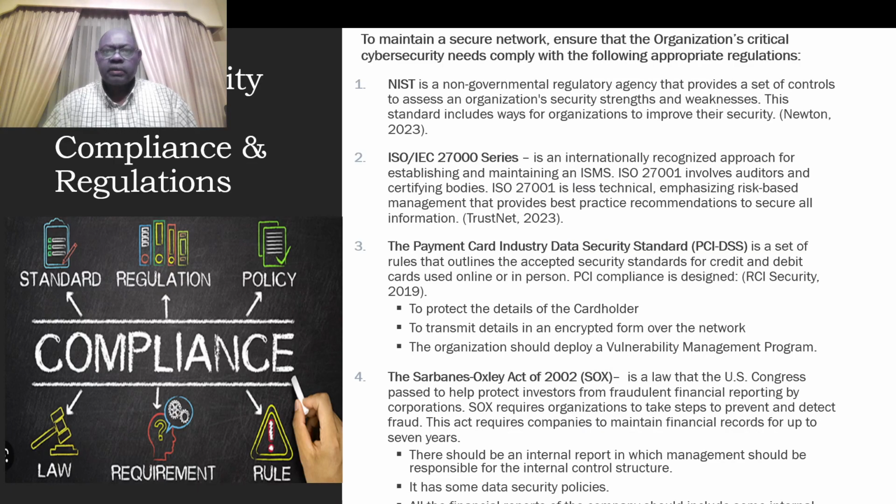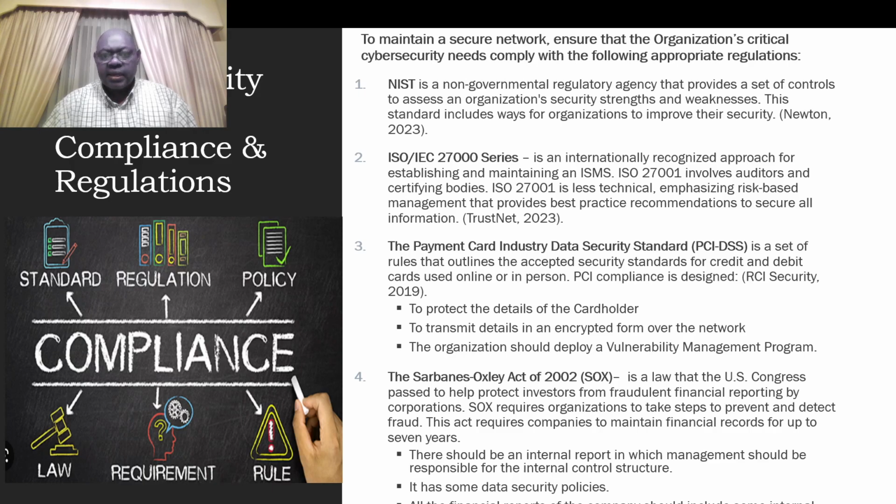To maintain a secure network, ensure that the critical cybersecurity needs comply with the following appropriate regulations. The Payment Card Industry Data Security Standard, a set of rules that outline the acceptable security standards for credit cards and debit cards used online or in person.